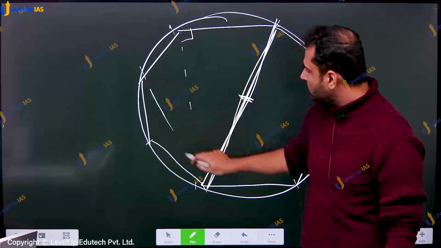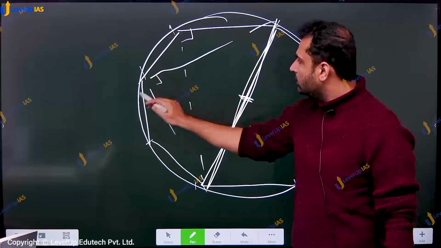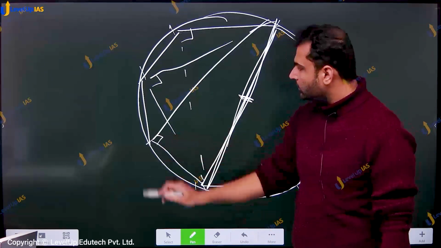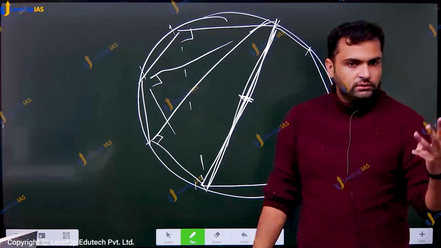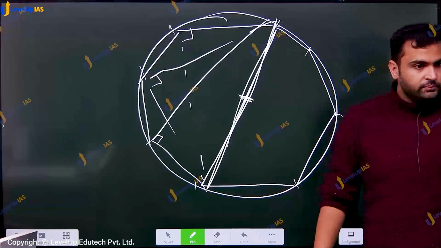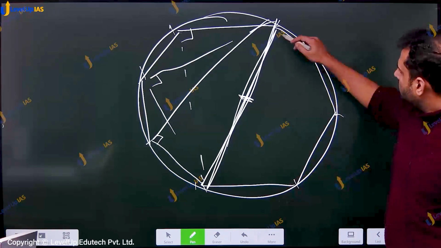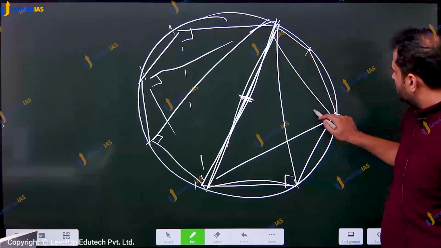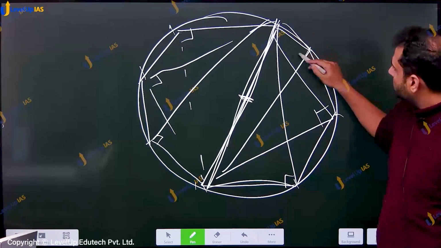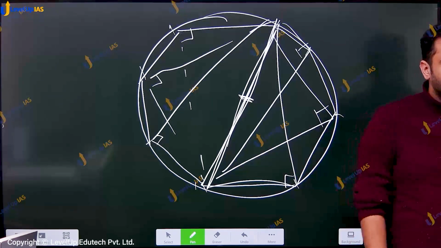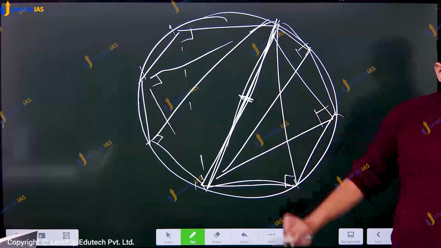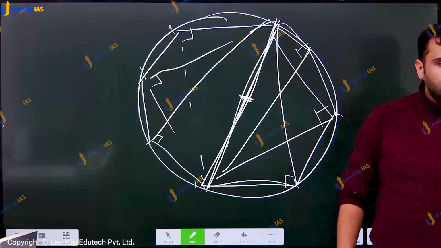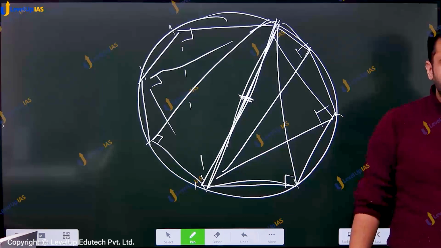Here this is also 90. This is also 90. How many did I get? And 3 on this side. This, then this and this. How many did I get? 6 मिल गए. Now with one diagonal I got 6.